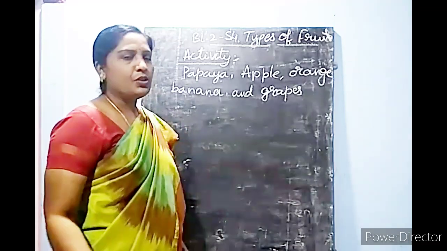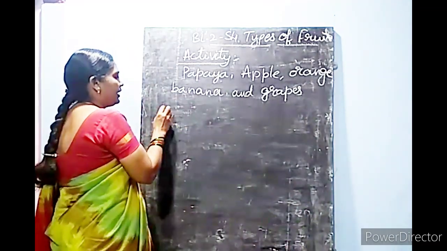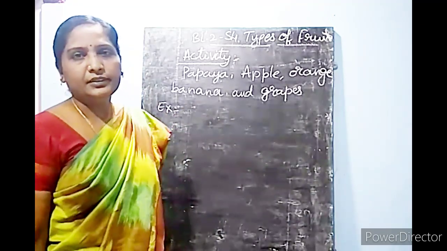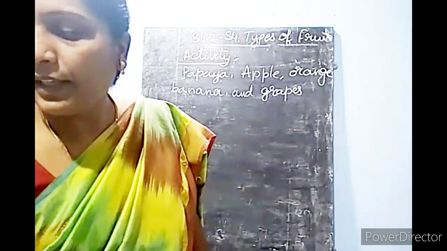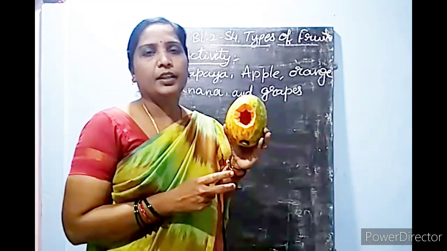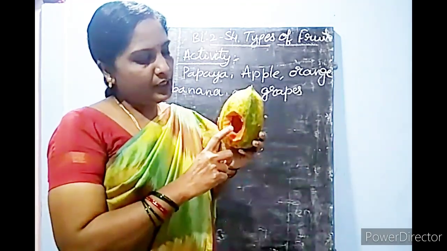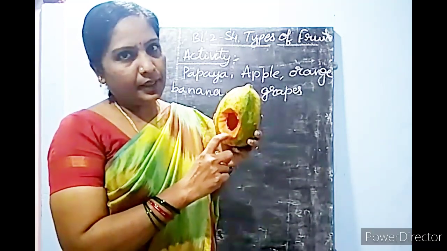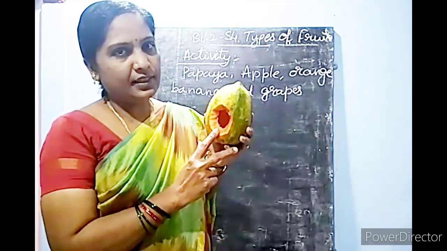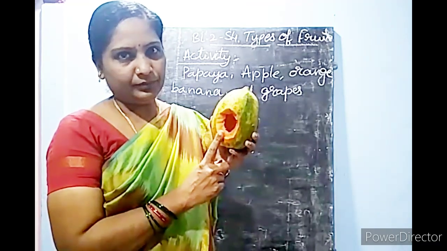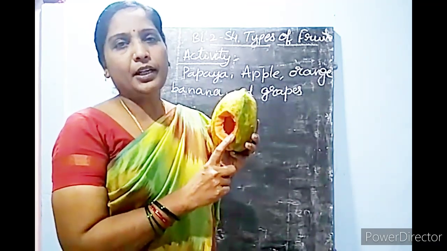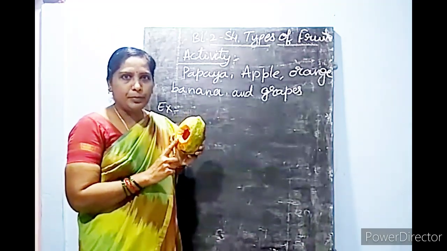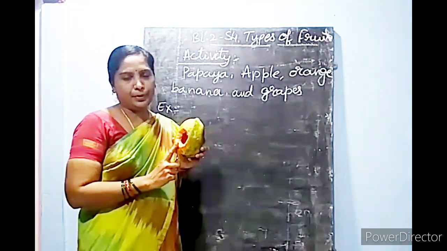Okay. So some fruits, for example, you take papaya. You take a papaya like this. Inside this, what we call this red color part, this is pulp. So this pulp part only we are eating. So the edible part in papaya is pulp.